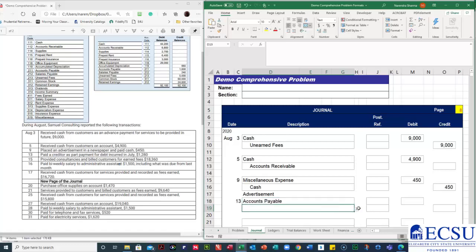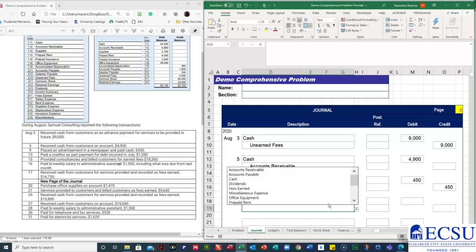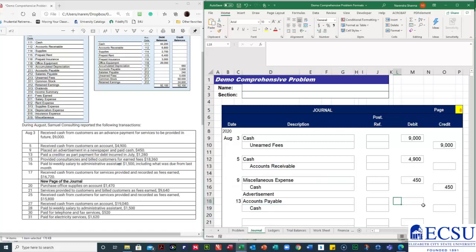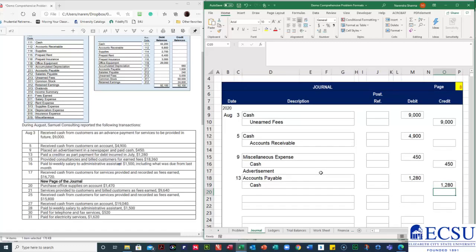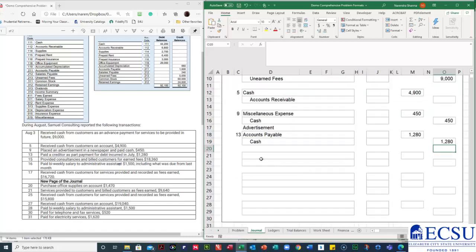Accounts payable is debit, and of course cash account is credit. So that's what I'm going to do, and the amount is 1280 and 1280. Okay, so that's August 13. Now we move on to the next, that is going to be August 15.